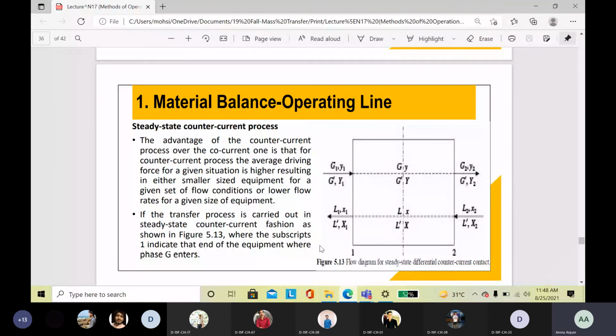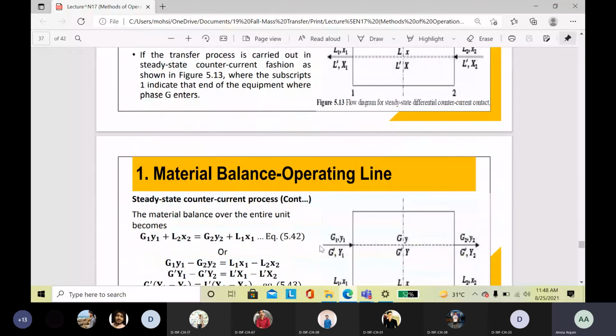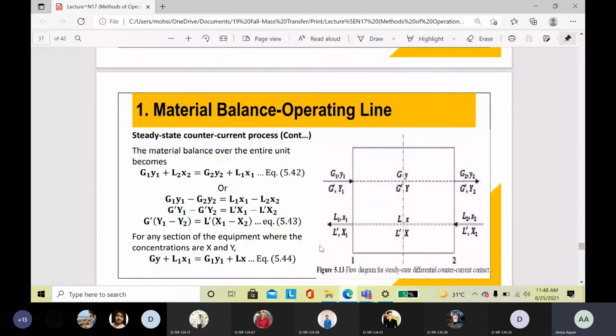The material balance over the entire unit becomes this, यानी इनपुट इक्वल आउटपुट करके हमने लिखा हुआ है, और यहाँ पे काउंटर करंट में हमारे पास G और L एंटर होते हैं.